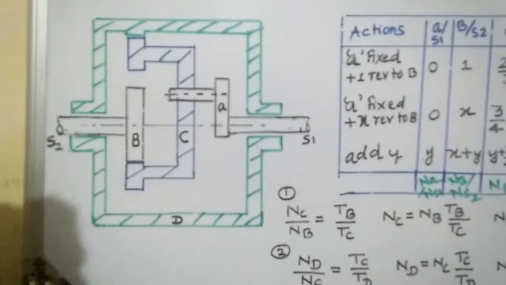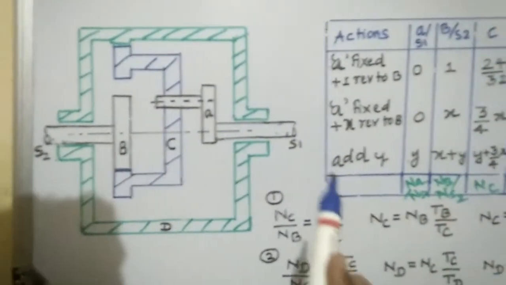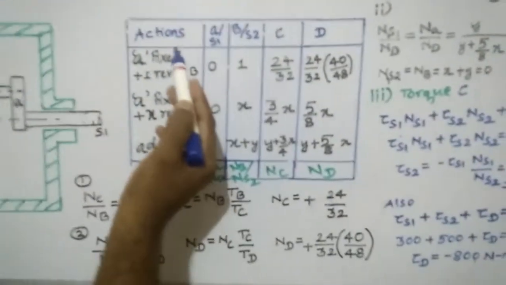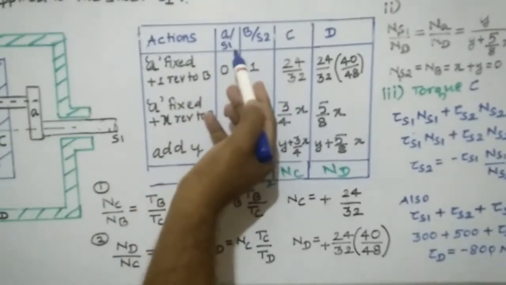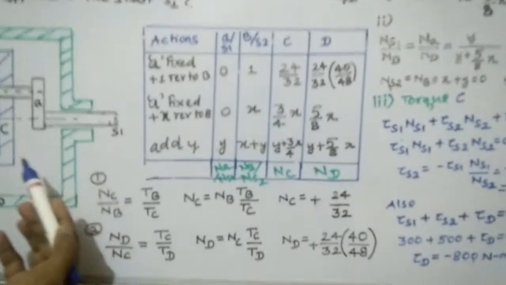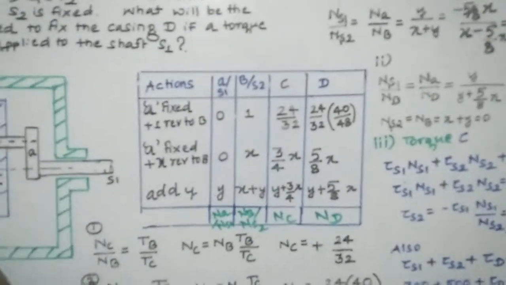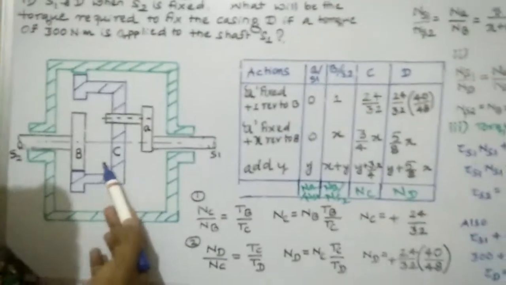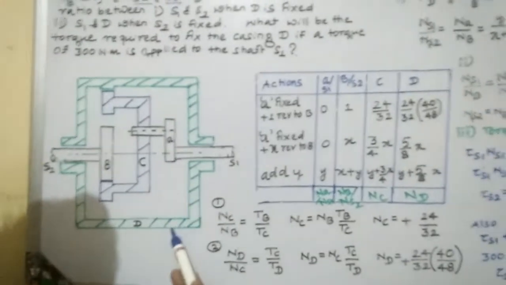Then as usual, first you have to create a tabular column, that is the tabular method. In that case, we have to go for the action, and take the number of teeth. You have to consider all the gears and elements. How many are there? B is there, C is there, A is there, D is there.